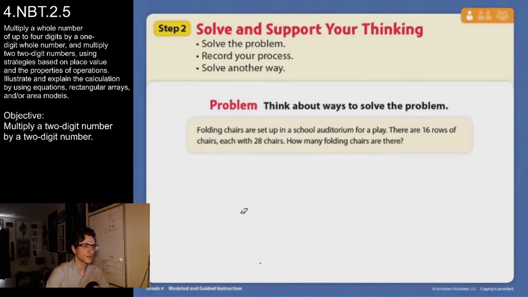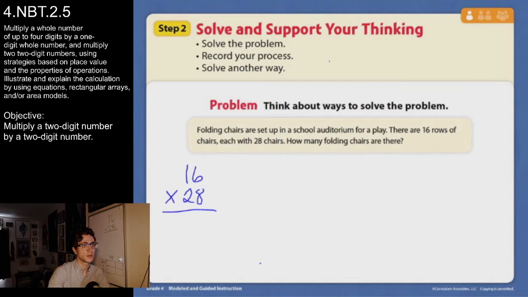So let's take a closer look at how we would set up this equation. Again, we can do it with multiplication like this, 16 times 28, or we can set up an area model. To do that, we need to take a look at each number and determine the value of each ones and each tens place. So let's start with 16.